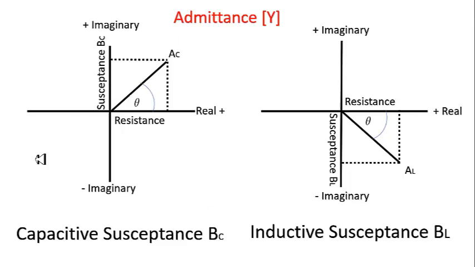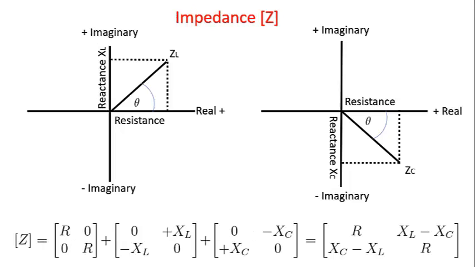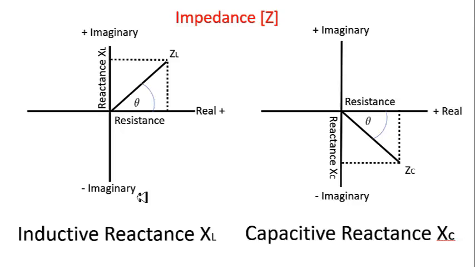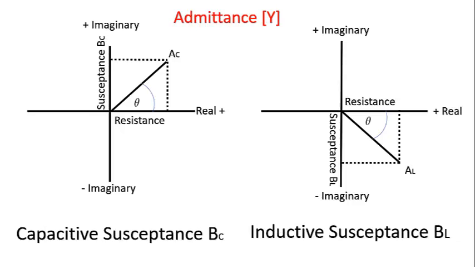So here what I'm showing you is that regarding impedance, you've got the inductive reactance and the capacitive reactance. And when we're talking about admittance, we're talking about the capacitive susceptance and the inductive susceptance. So we're replacing the term reactance with the term susceptance.